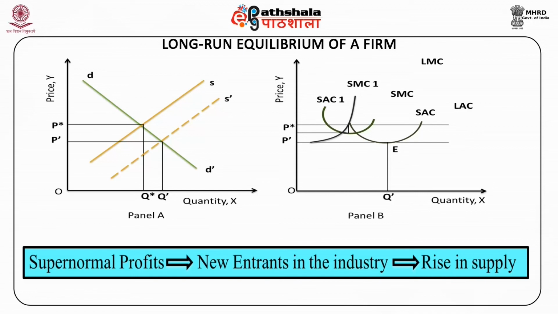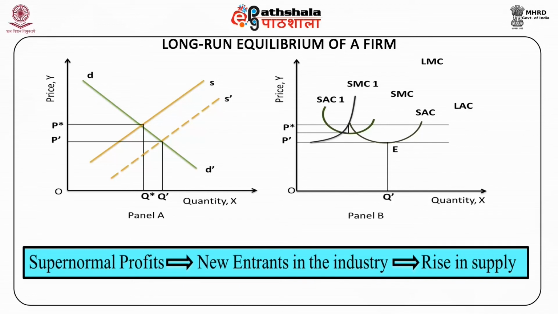This firm will have an advantage to build new capacity and will move along its long run average cost curve, being attracted by supernormal profits enjoyed by this kind of firms. Some new firms will enter into the industry.